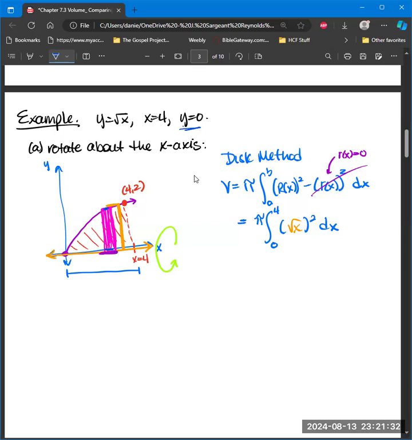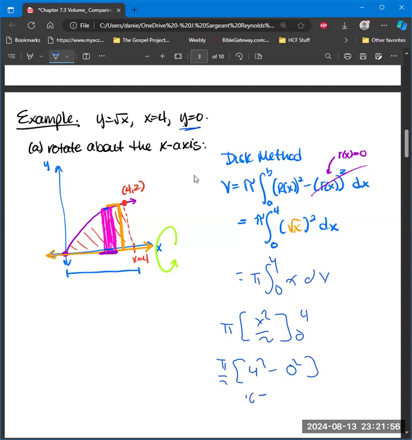So let's just go ahead and use our disk method. And when we do that, we have pi integral 0 to 4 of x dx, which is pi times x squared over 2 from 0 to 4, is pi over 2 times 4 squared minus 0 squared, which is 16 pi over 2, or 8 pi, and these are cubic units.